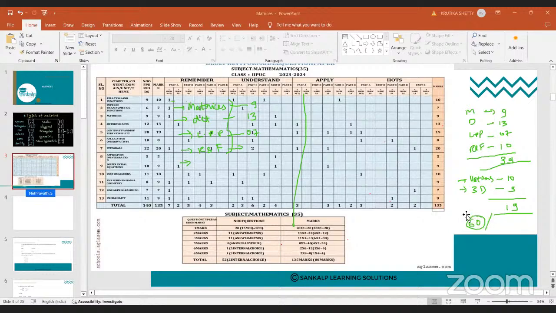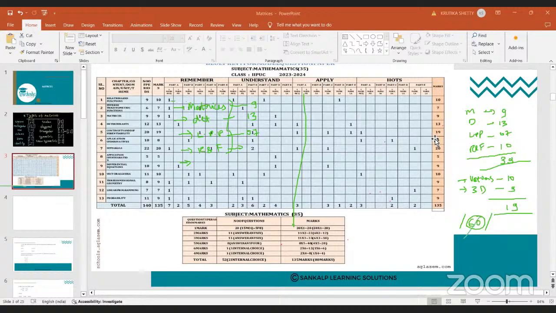Okay, and then later whatever the topics are there over here, see the topics: continuity and differentiability, application of derivatives. So this topic is fetching you 19 marks in continuity and differentiability, and application of derivative is fetching you 8 marks.